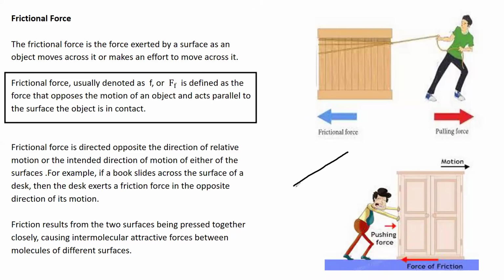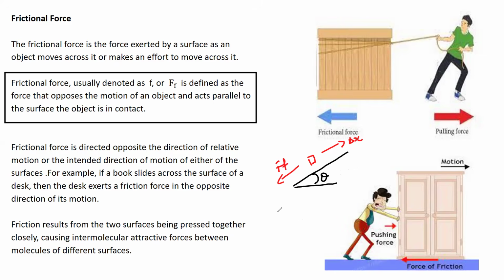If the object was on an inclined surface and the object was moving upwards, then frictional force would act downwards. So the direction is upwards, frictional force acts downwards.